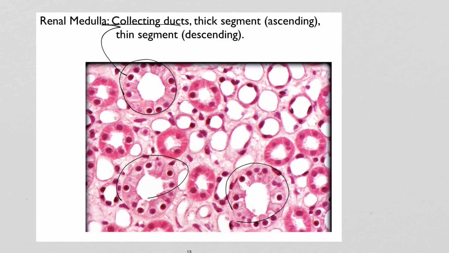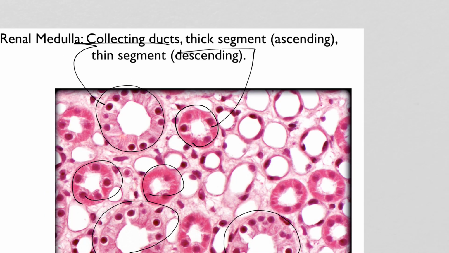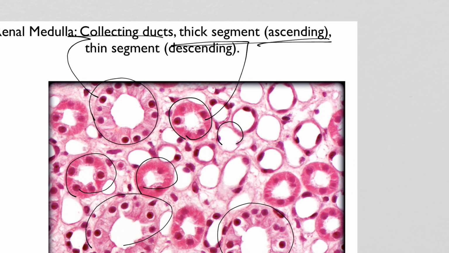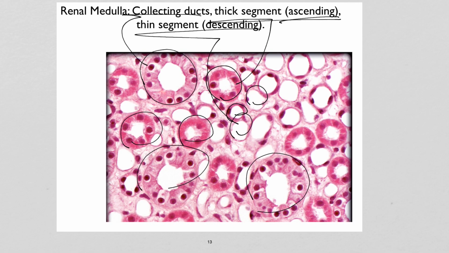The rest of these tubes are parts of the renal loop, either ascending or descending. For the most part, these thicker tubes that have cuboidal epithelia, called thick segment, are part of the ascending loop, and these thinner ones with squamous epithelia, called thin segment, are part of the descending loop. Why the different epithelial cell types are there isn't a big deal for right now, but I might briefly mention it later.